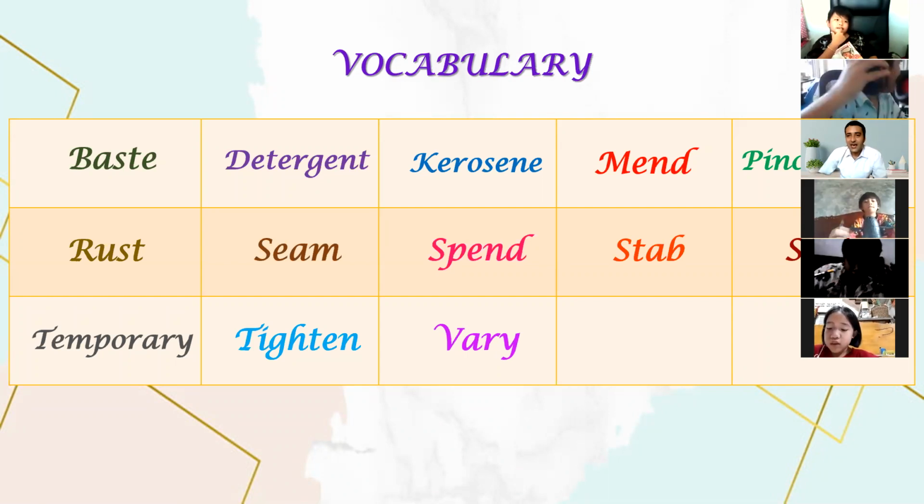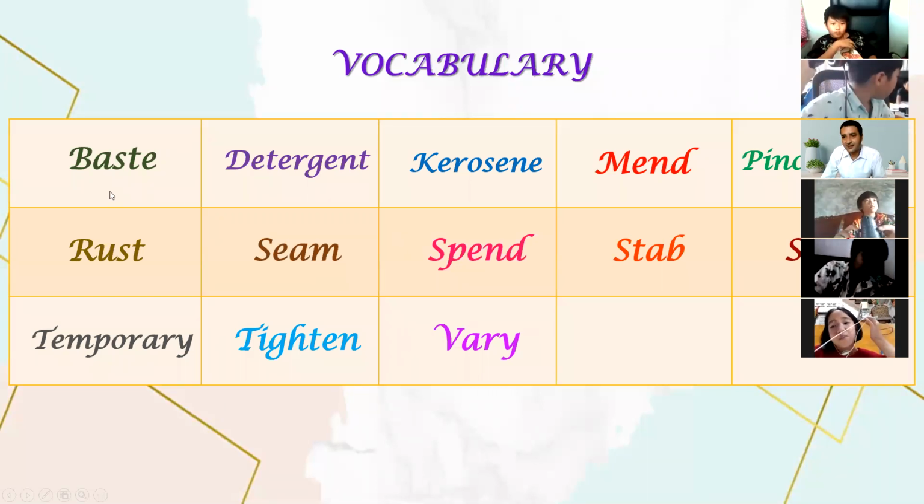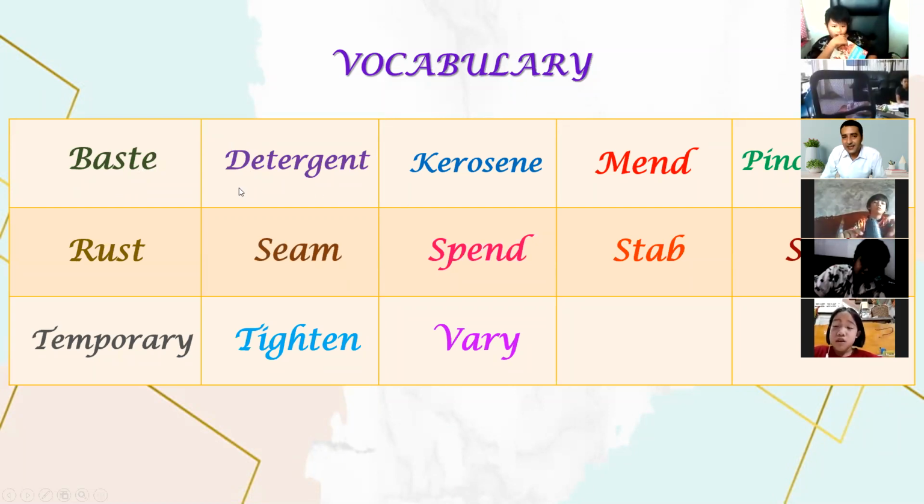Okay, students, now one more time. The first word in our vocabulary is baste. Second word, detergent.